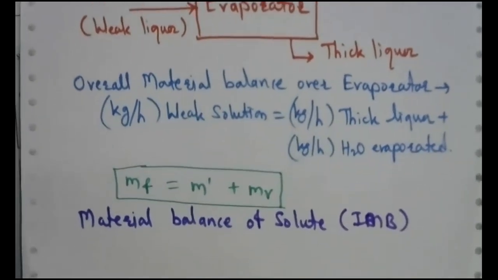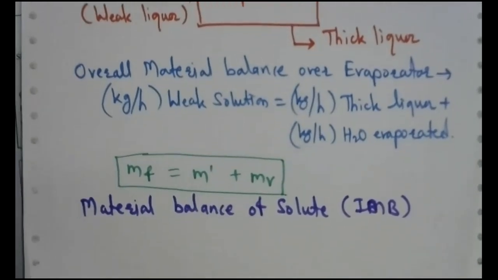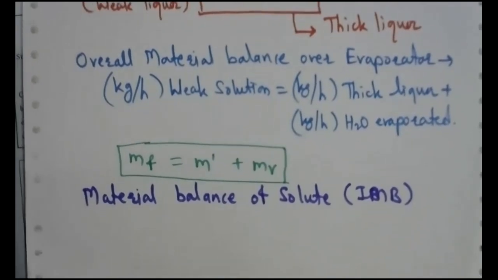Individual material balance means the material balance of solute only. For that purpose, we have to use the fraction or percentage of the input and output streams. Now where is the solute present?